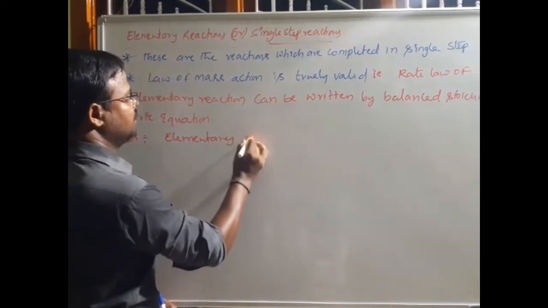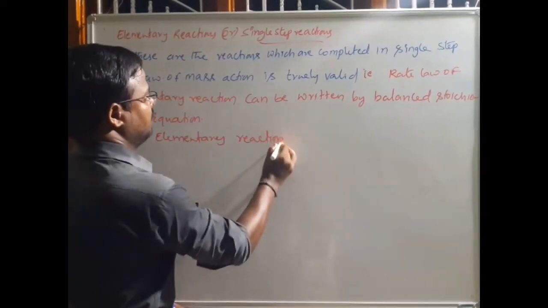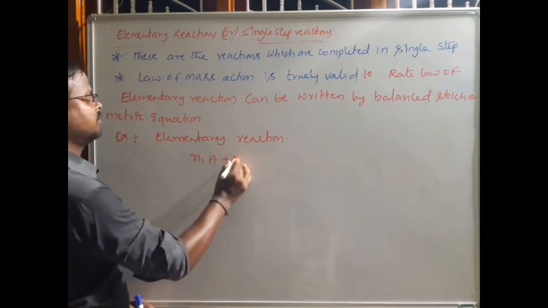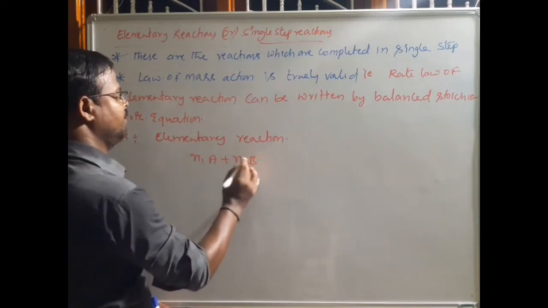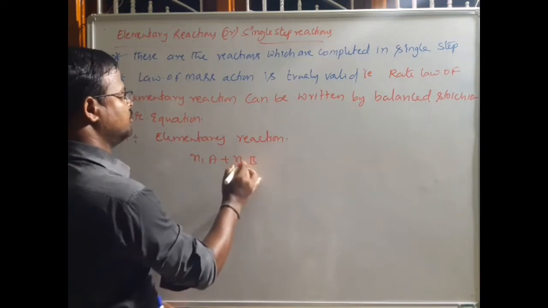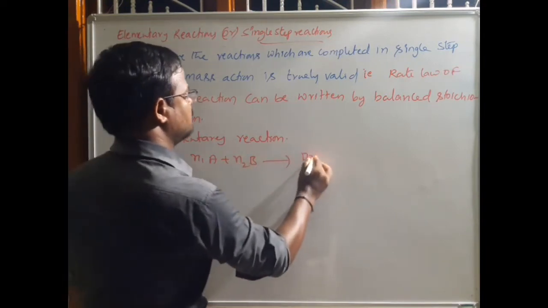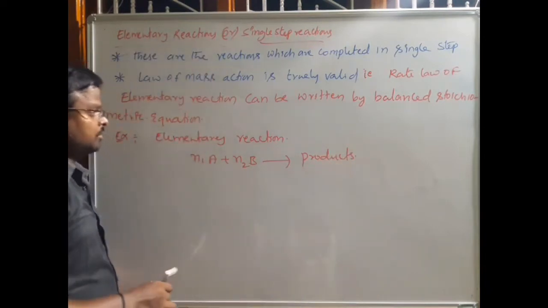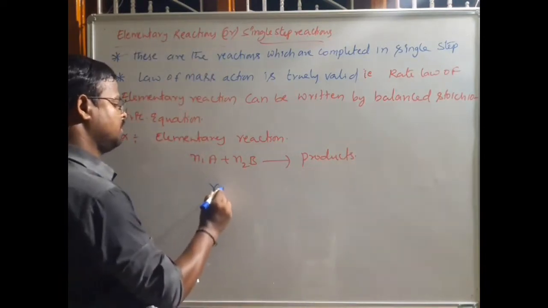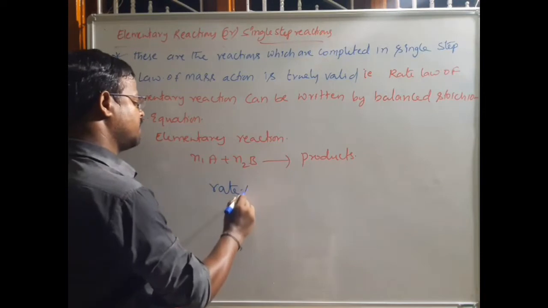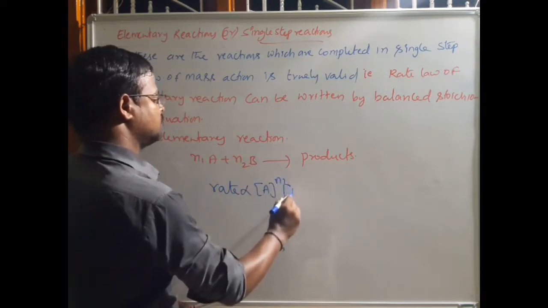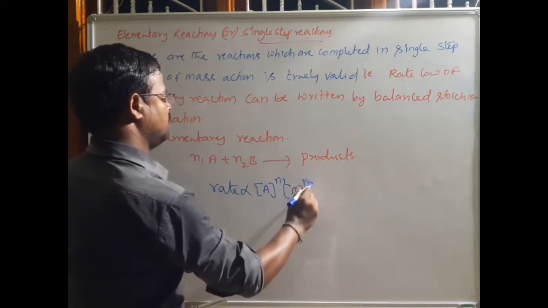Elementary reaction. N1 moles of A reacts with N2 moles of B and gives products. Its rate equation is: rate is directly proportional to concentration of A power n1 and concentration of B power n2.